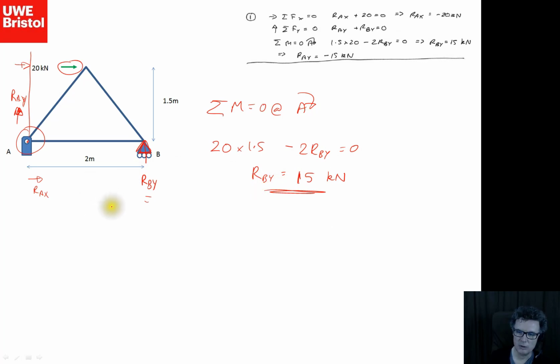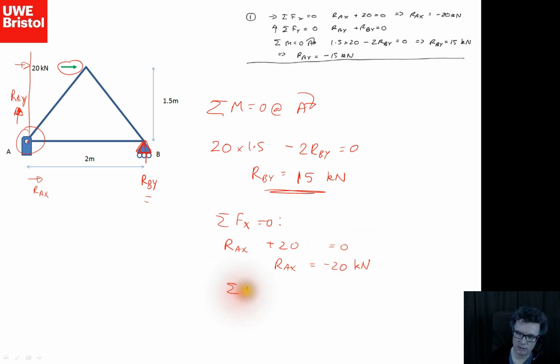This is quite a straightforward problem, so you could quickly find the other terms without any problems. Sum up the forces in the x direction. And then you've got RAX going in that direction plus 20 equals 0. So RAX equals minus 20.